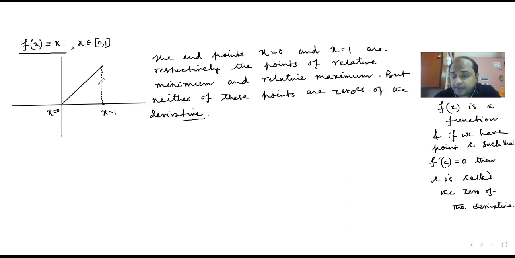Here it is not happening. Here the function is like that. You are not going to get any tangent which is parallel to the x-axis at this point and that point, although they are actually points of relative extremum.